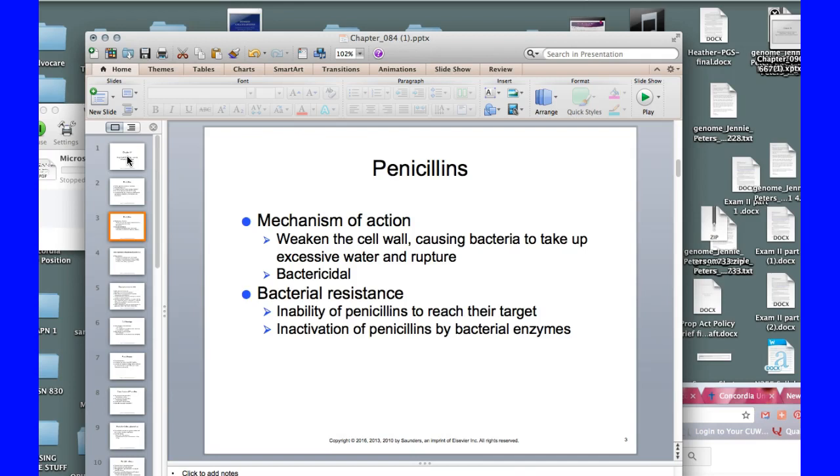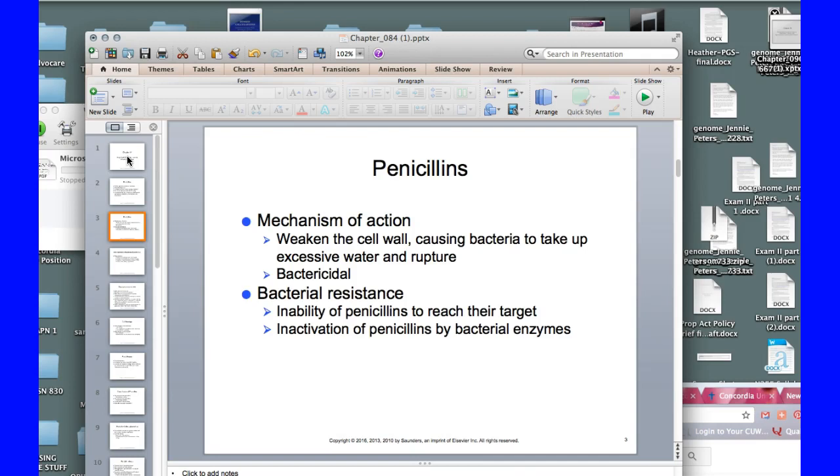Penicillin started out as penicillin VK. What I'd like you to remember is that your primary penicillins that first came out, like penicillin VK, as well as others we'll talk about, like nafcillin, treat gram-positive bacteria, not gram-negative.